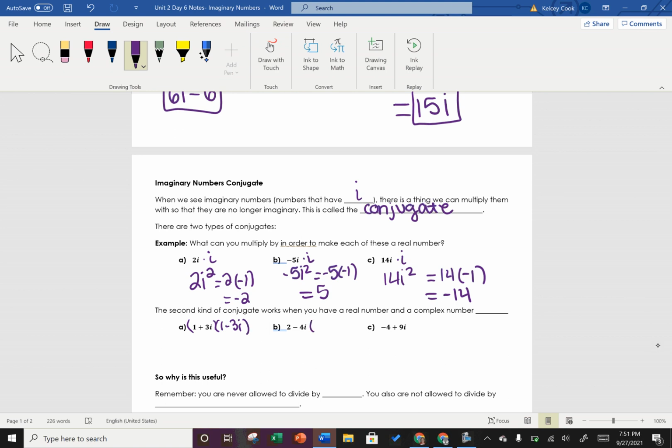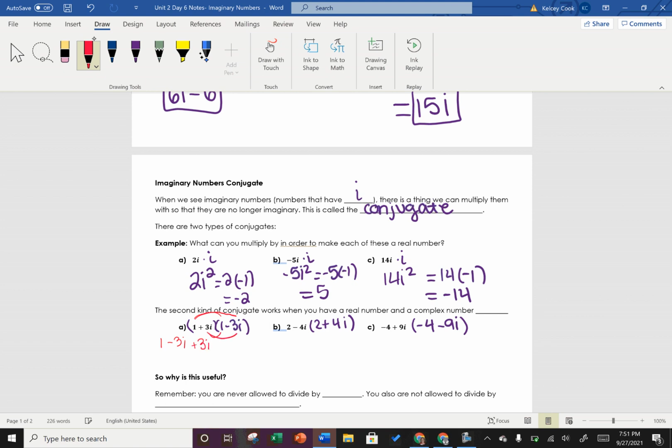We'll multiply b by 2 plus 4i. And we'll multiply c by negative 4 minus 9i. So, to solve these, you just start distributing. 1 times 1 is 1. 1 times negative 3i is negative 3i, plus 3i.